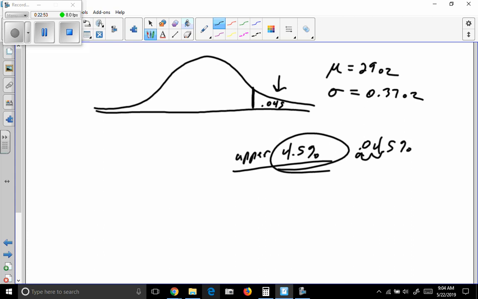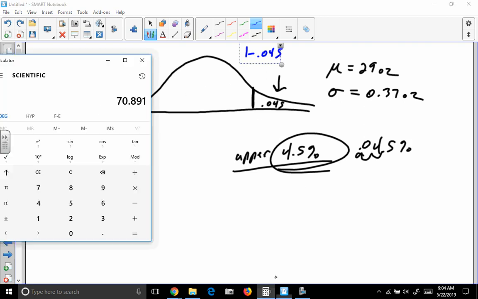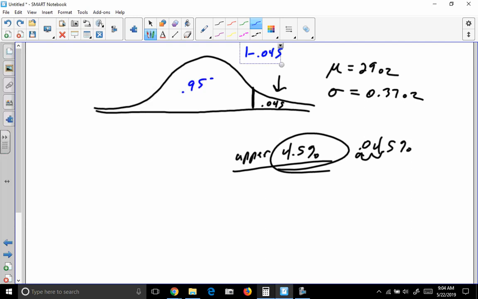Our table deals with area to the left, so we need the complement. 1 minus that will give us how much area is to the left. 1 minus 0.045, 0.955 is the area to the left of this value. So that's the value we're looking for. What weight has this area above it and that area below it?